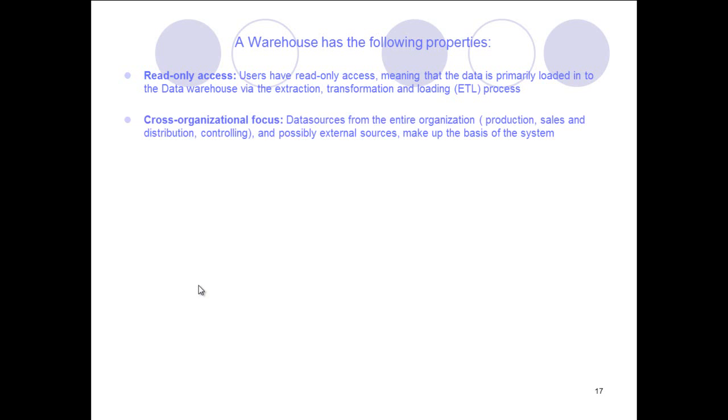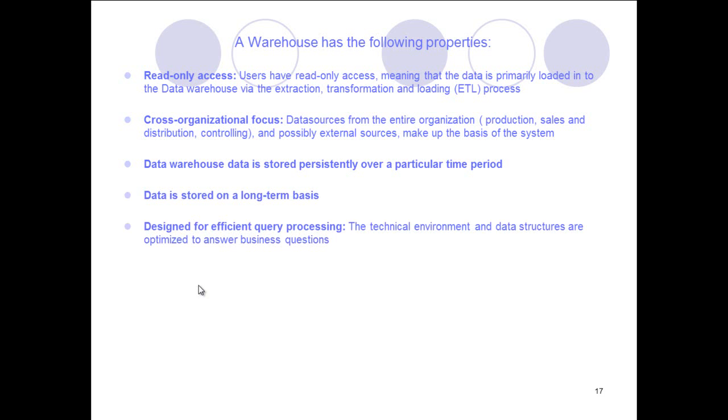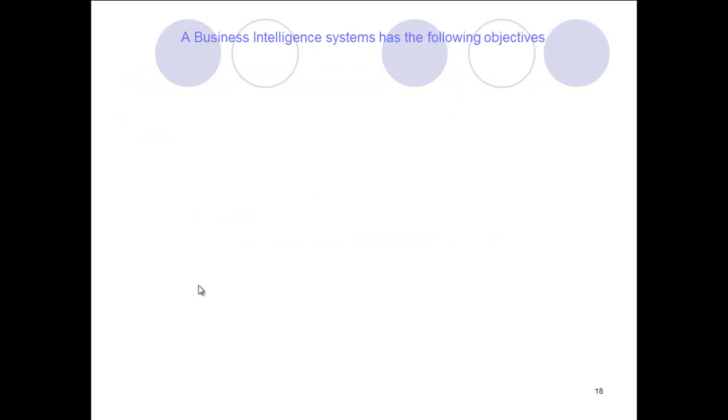Users have read-only access, meaning that the data is primarily loaded into the data warehouse via the extraction, transformation, and loading ETL process. Cross-organizational focus: data warehouse data is stored persistently over a particular time period, and data is stored on a long-term basis, designed for efficient query processing.